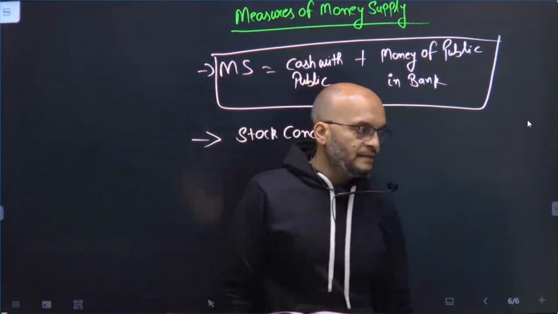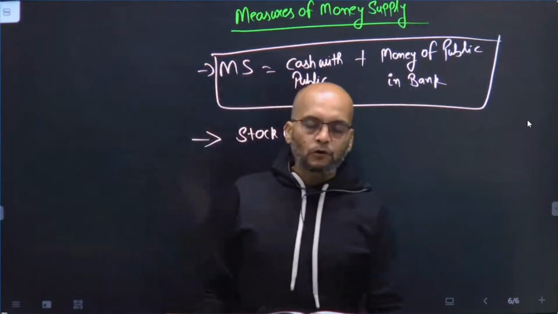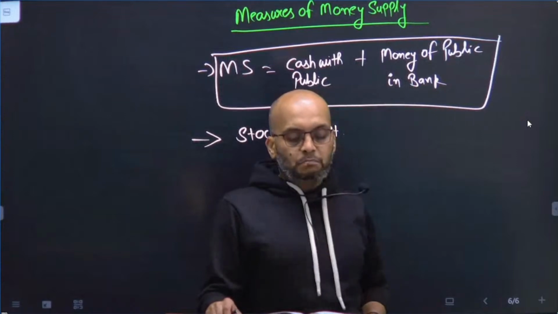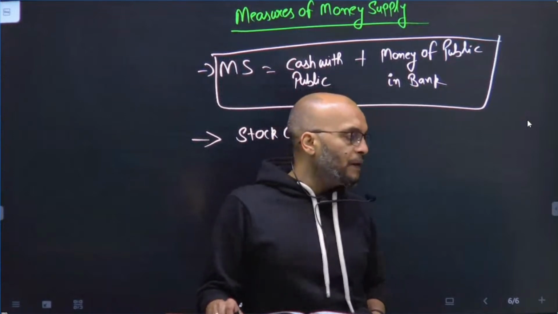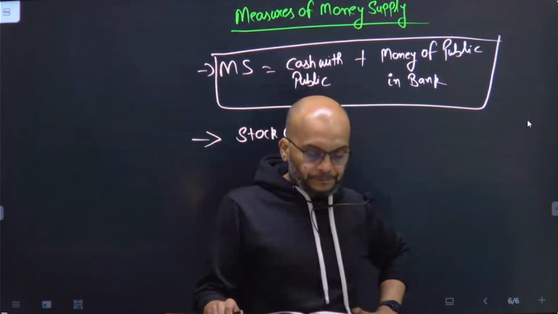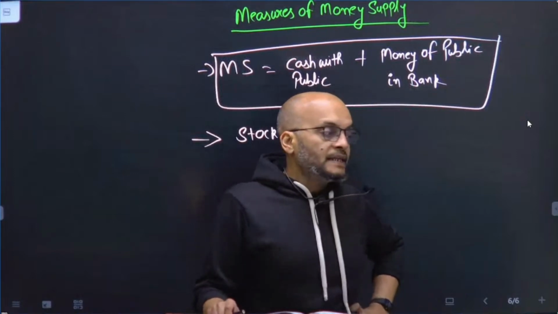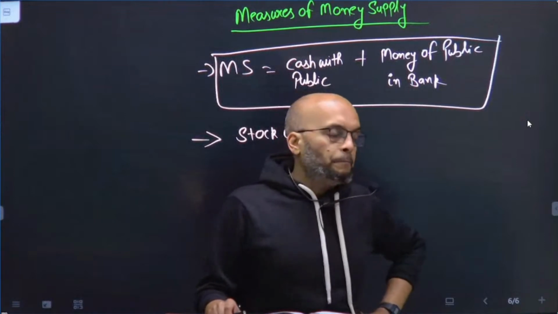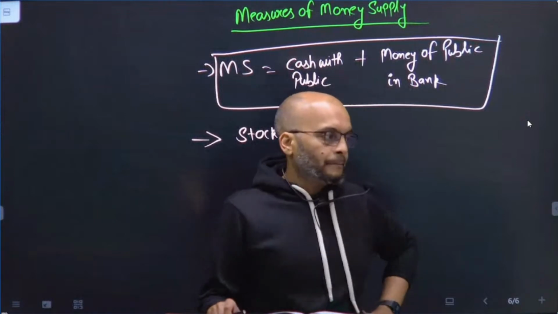Next point you can write. We are talking about money supply. So the next point is that it includes money held by the public only.